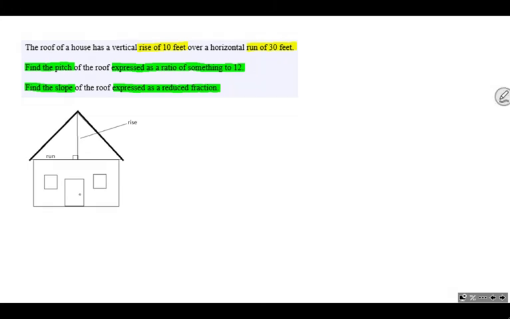I'm going to go ahead and draw a diagram here of a roof portion and do some labeling. We've got our rise here, that's our vertical dimension, and we're given that the rise is 10 feet. And we have our run, which is our horizontal dimension here, and that's given as 30 feet.